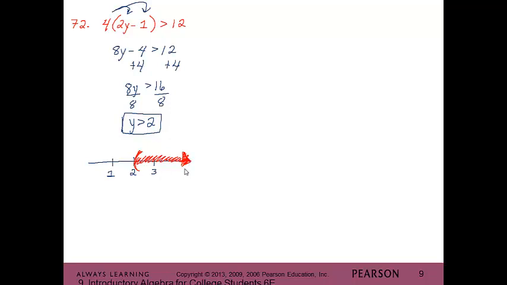So here's the graph, and then which means the interval, this time it's switched, so the smallest is 2, and then the largest all the way to the right is positive infinity. On the 2, because it's greater than, we have a parentheses, and then on infinity, because it's infinity, we also have a parentheses. So here's your interval answer, here's your graph, and then there's your solution.